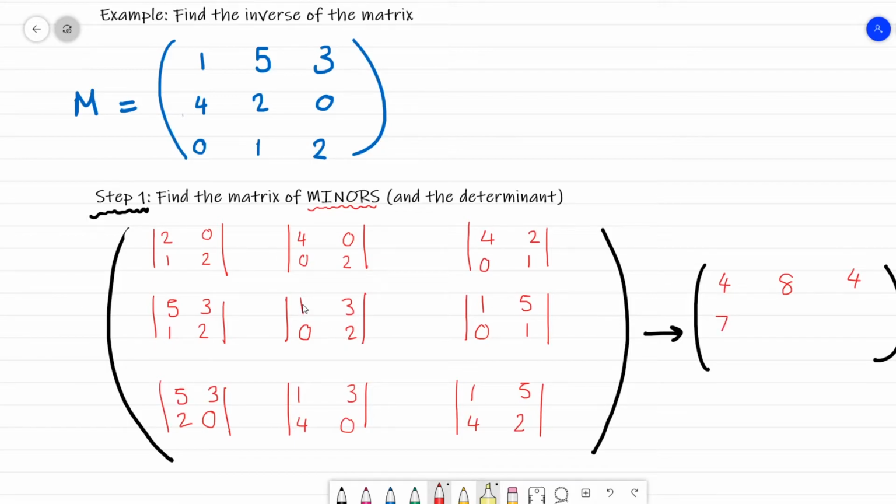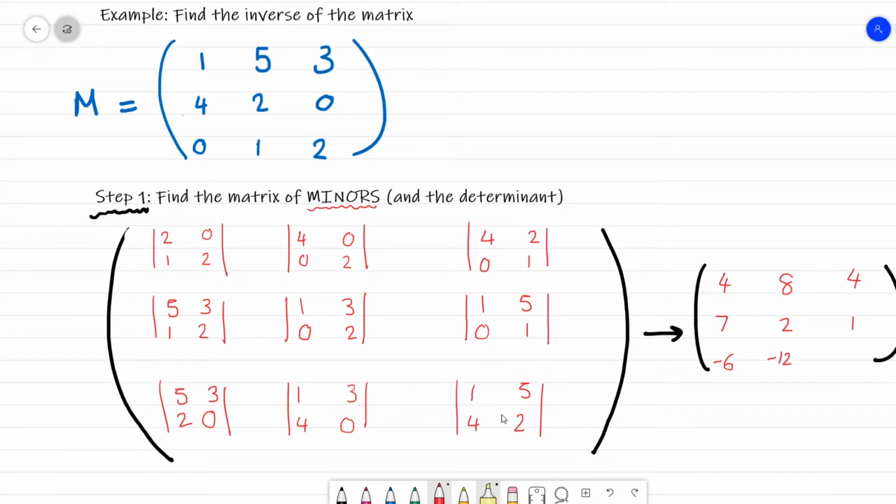The middle term, 1 times 2 is 2. The other term gets multiplied by 0. Here we've got a 1. Down here we've got 5 times 0, take away 3 times 2, which is going to work out as minus 6. This term is going to work out as 1 times 0, take away 3 times 4, that's minus 12.